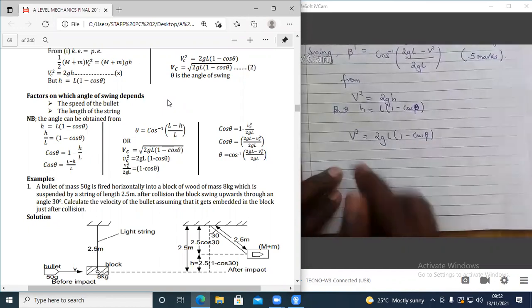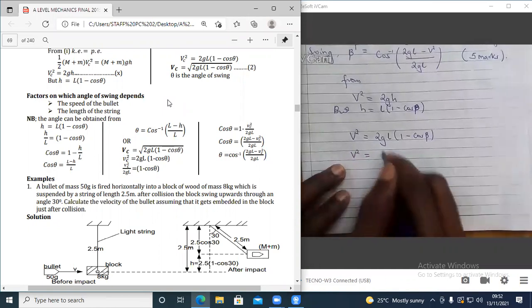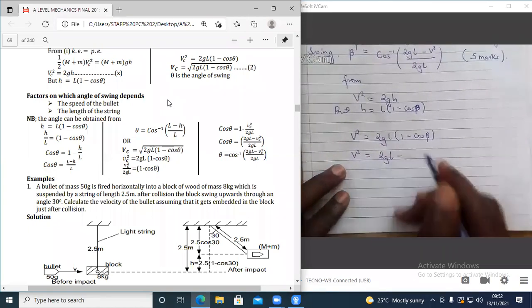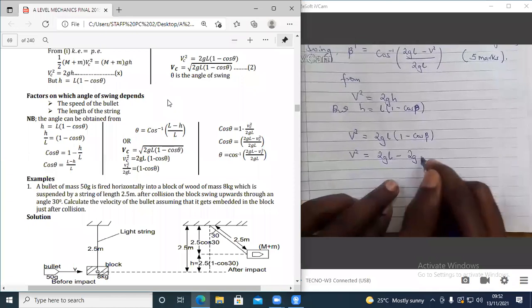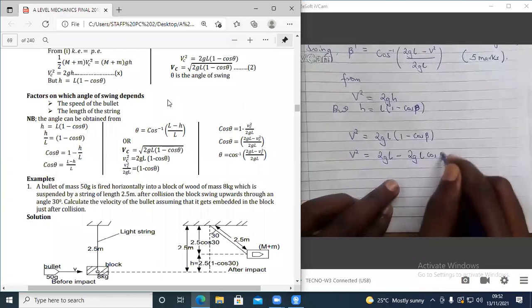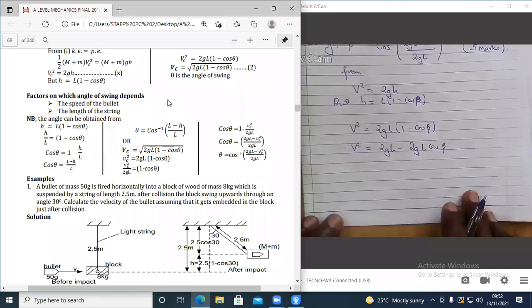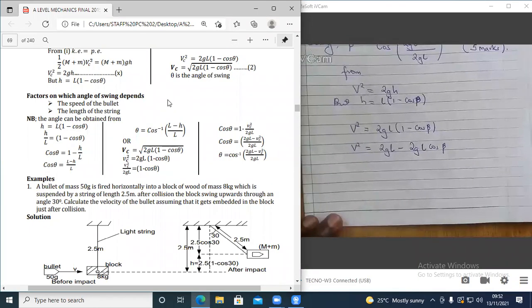Can you expand that? We shall have v squared equals 2gL minus 2gL cos beta. Collect the like terms.